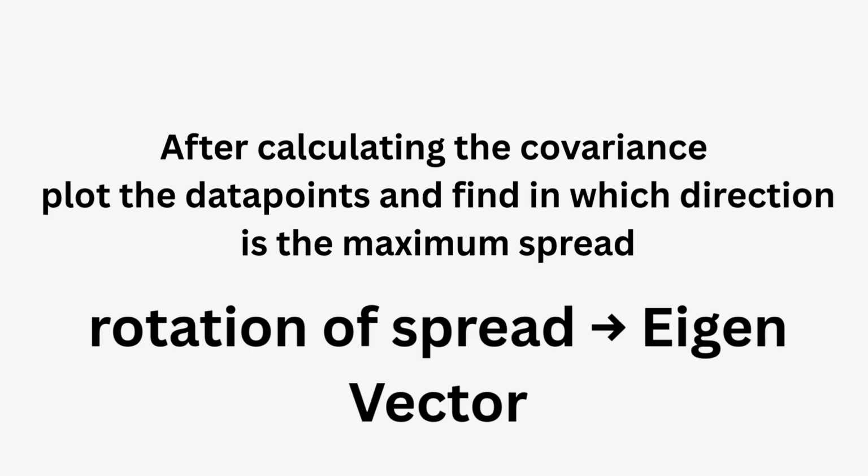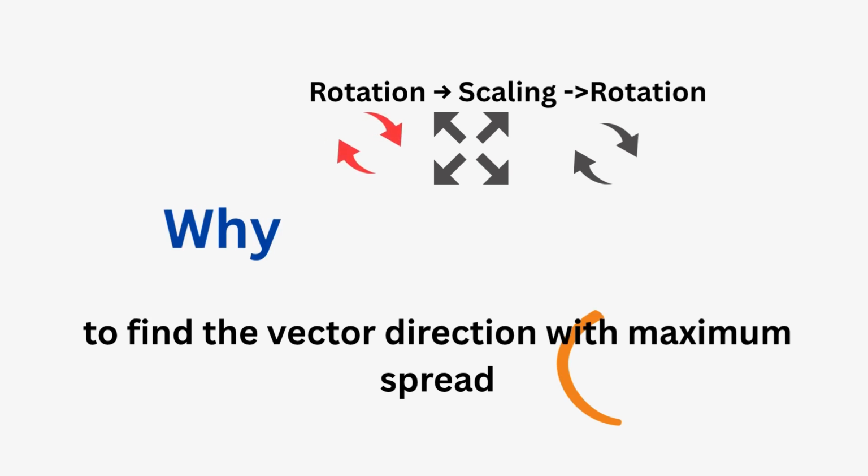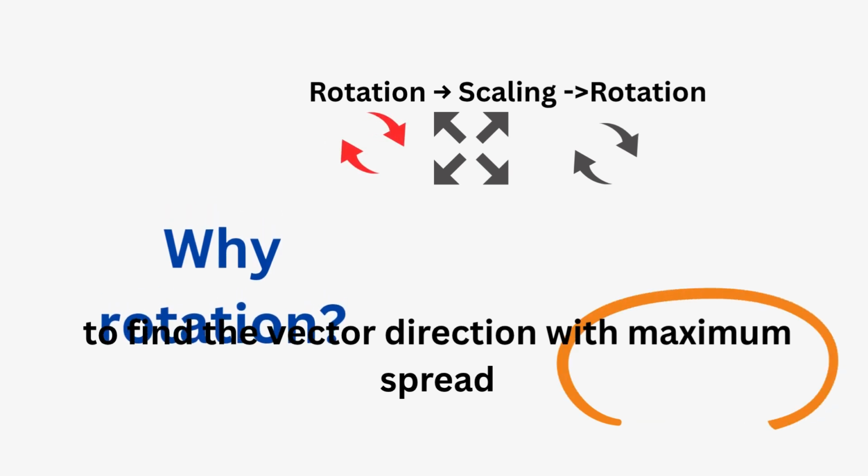So you rotate the coordinate system to align with the direction of the maximum spread. Refer to the previous statements of matrix decomposition, which involves rotation, stretching, and rotation back. Why are we rotating? You rotate the coordinates to align with the direction of the maximum spread. You are not rotating randomly, but at an angle such that the data points are at maximum spread. This is PCA step number 1.